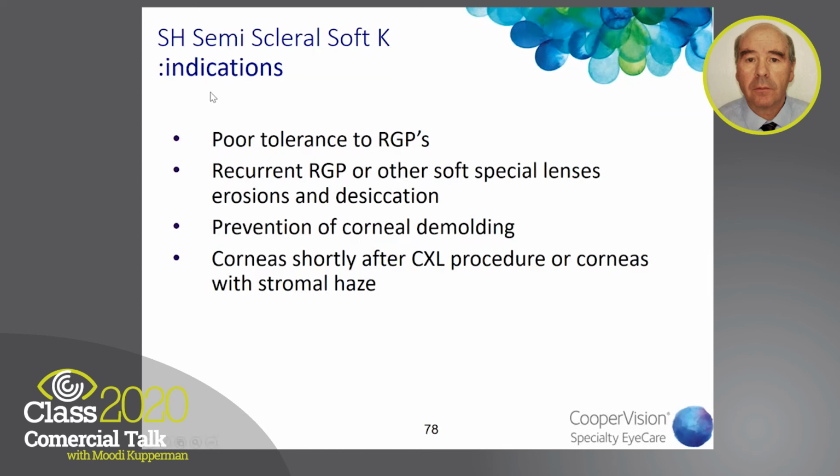The semi-scleral soft K indications: poor tolerance to RGPs, recurrent erosion from RGP or other soft special lenses, prevention of corneal molding, cornea shortly after cross-linking procedure, or cornea with stromal haze.